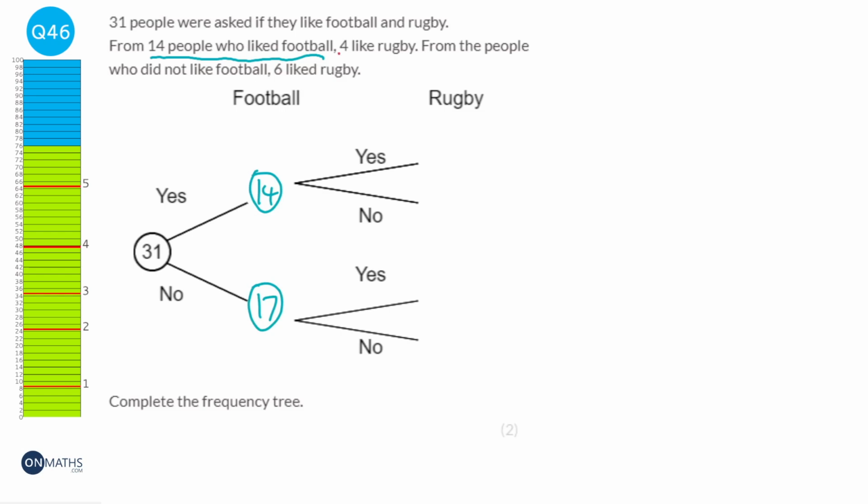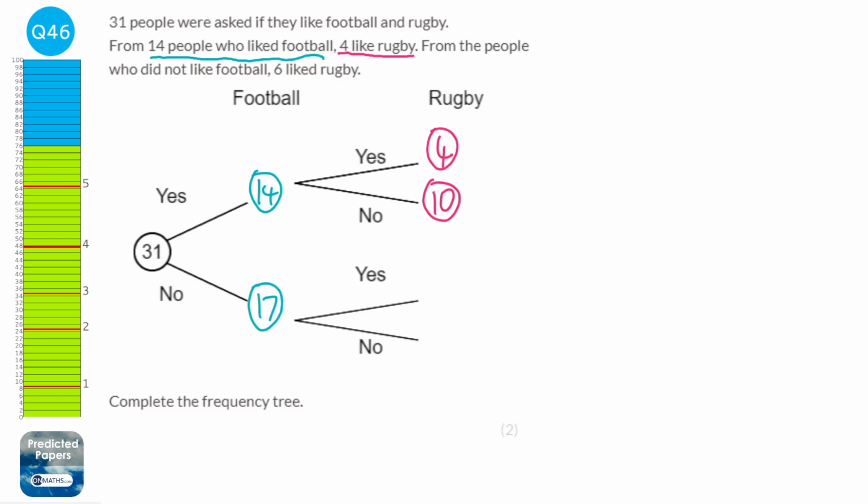Carrying on the sentence, it says 4 like rugby. So 4 of those liked rugby. And we had 14 to start off with down this strand. And so that must mean that we've got 10 who don't like rugby. So of those 14, 4 liked rugby. So therefore 10 must have not liked rugby.